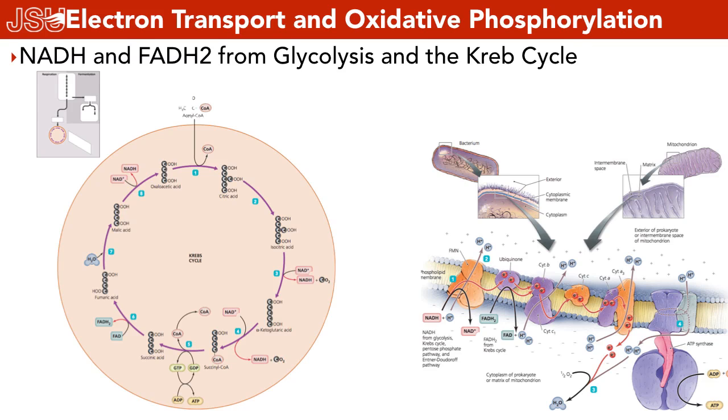FADH2. All right. So we saw that NADH and FADH2 were of critical importance for making ATP here, weren't they? Where did those come from? Glycolysis and where else? The Krebs cycle. The Krebs cycle and glycolysis will make a lot of those carriers. They will fill the kegs up.